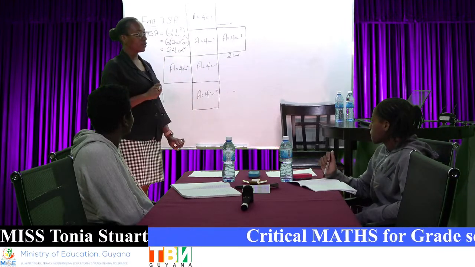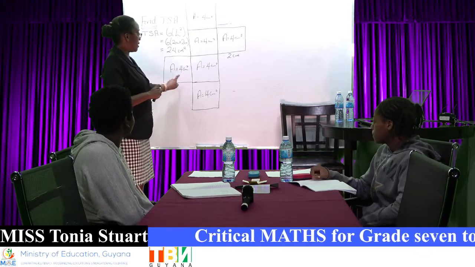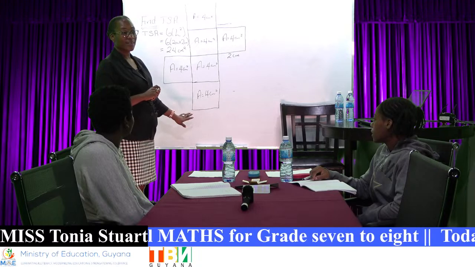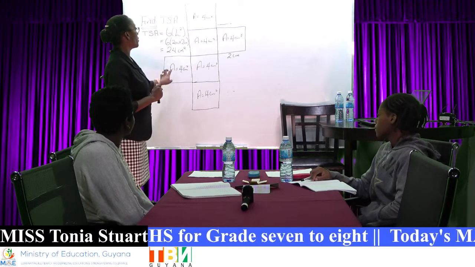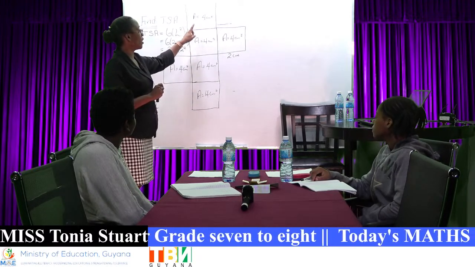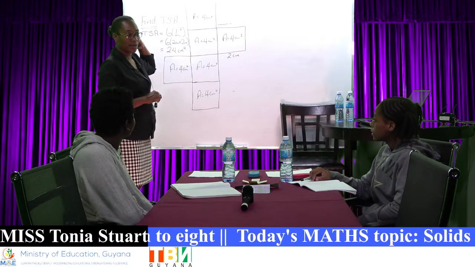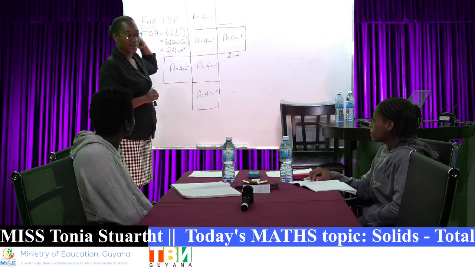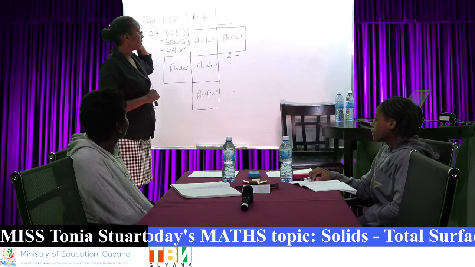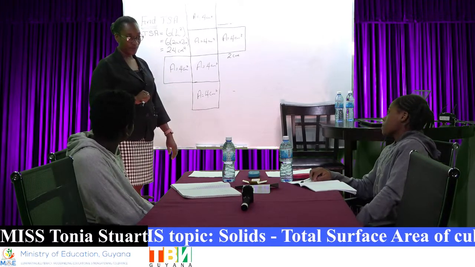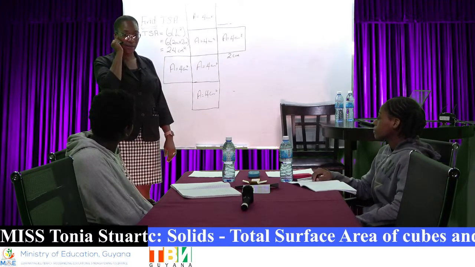Squares. All squares. So we can either find the area of all the squares and add it up, or we can find the area of one shape and multiply it by the amount of surface. How many is that for the cube? 6. Good.